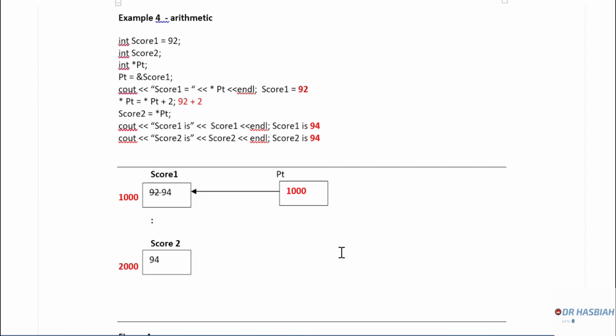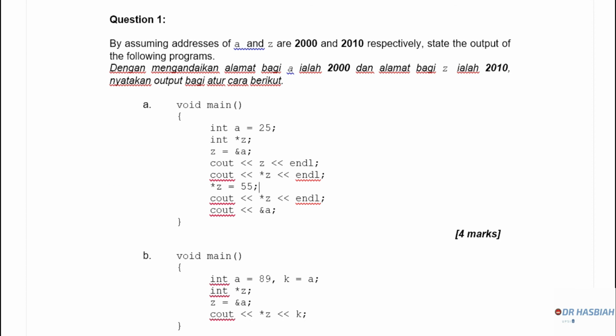You have to be alert to the use of the asterisk and the use of the ampersand. Asterisk means the content, the value the pointer points to, and the ampersand means the address.